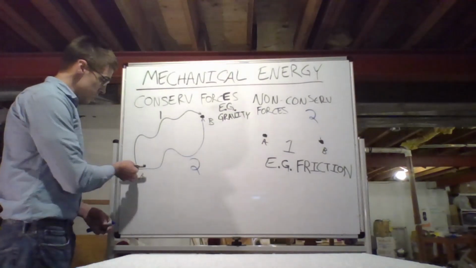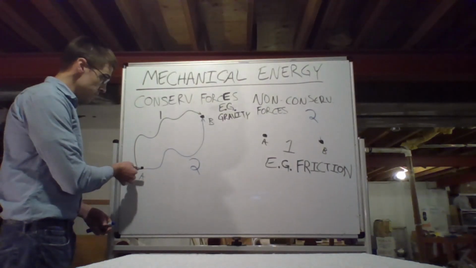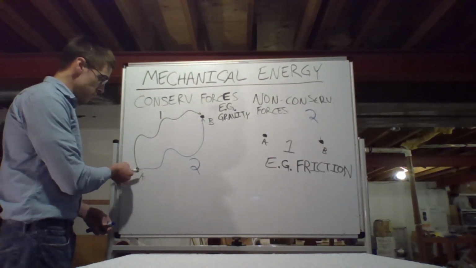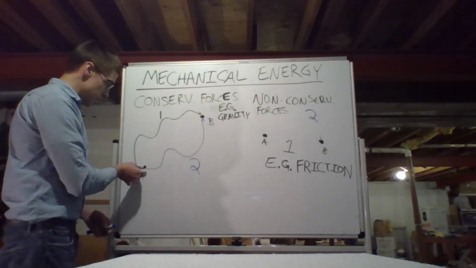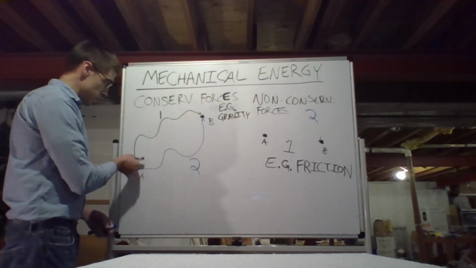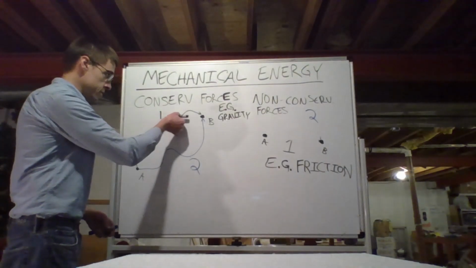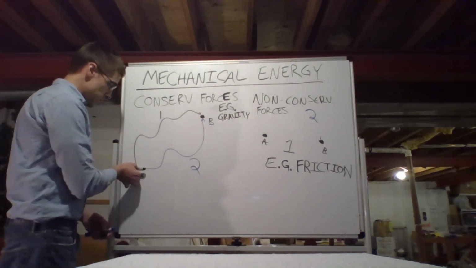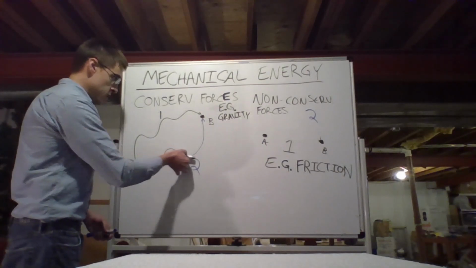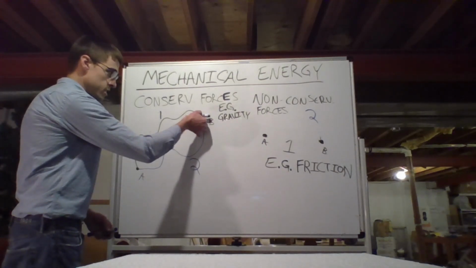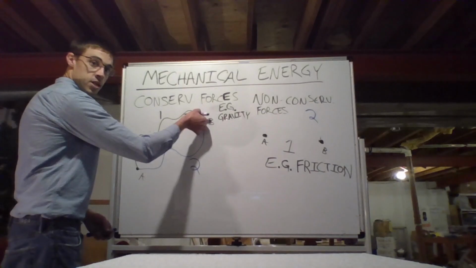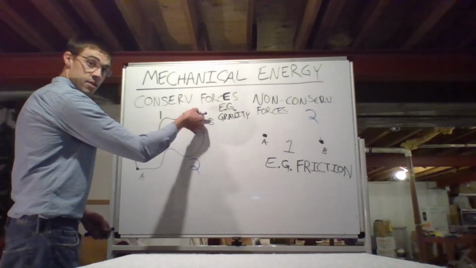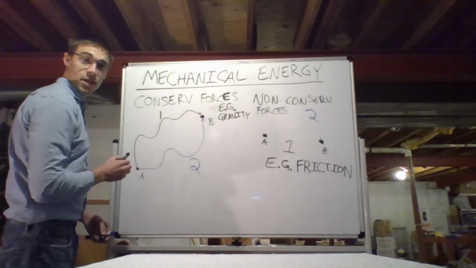That means if I take this marker and I lift it up to the same point, starting at A and moving to B in two different ways, one going up like this and one following this path here, as long as I start and end at the same point, the work that is done by gravity is exactly the same.